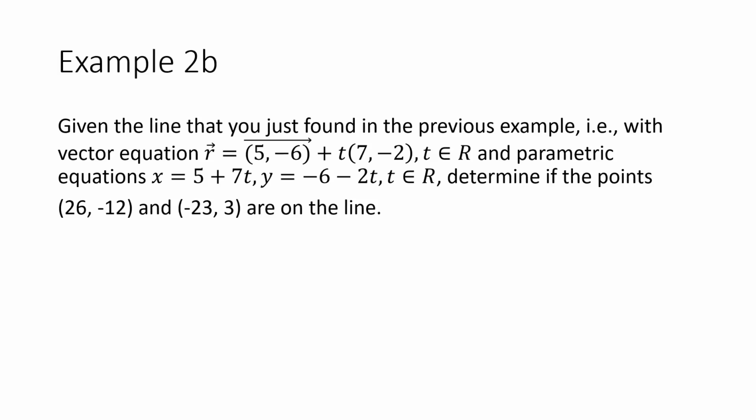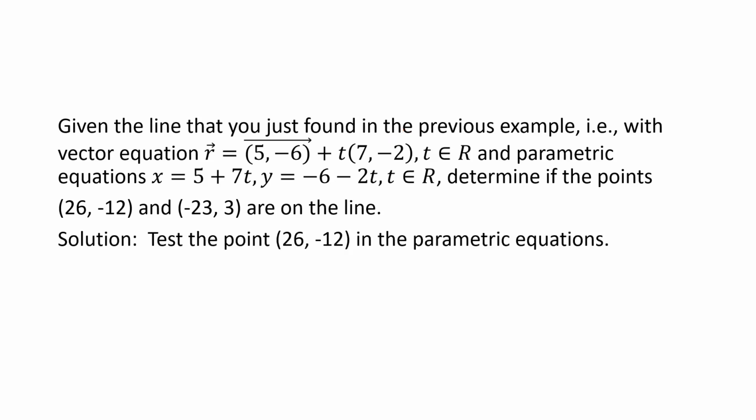Now, given the line that we just used, again, we'll use the same equation, r equals 5, negative 6 plus t times 7, negative 2, and x equals 5 plus 7t, and y is negative 6 minus 2t. Let's see if those 2 points shown right here are on the line. Well, let's test the point 26, negative 12 in the parametric equations. If we're saying x is 5 plus 7t, then we're saying 26 is 5 plus 7t.